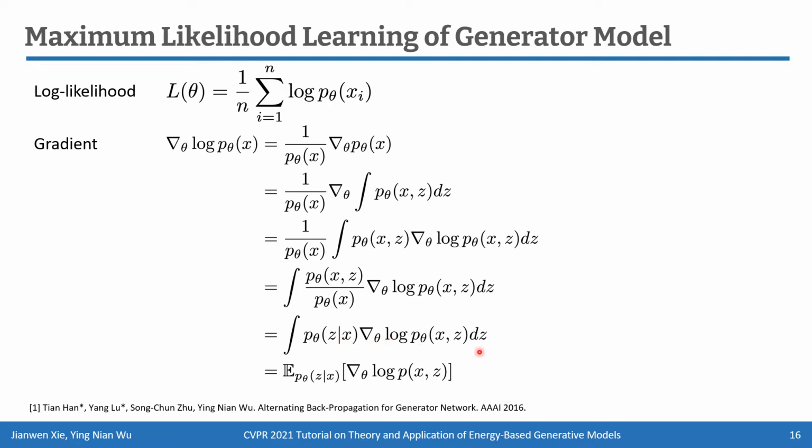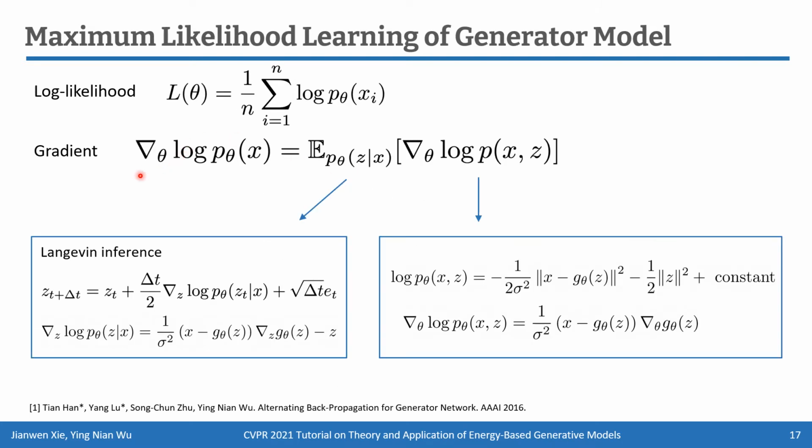And then we continue to have this score function, the derivative of the log density. Okay, and then you can write this as the expectation of this score function with respect to the posterior distribution. And then the expectation can be approximated by Markov chain Monte Carlo.